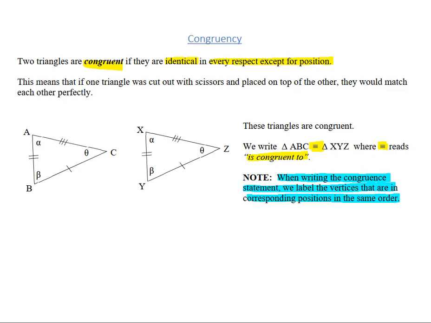So when I wrote that congruence statement, I went from A, which was my alpha, B, which is my beta, and C, which was my theta, and then I started in the same place on my X, so alpha, then beta, then theta. So X, Y, Z. So they're written in the same order.